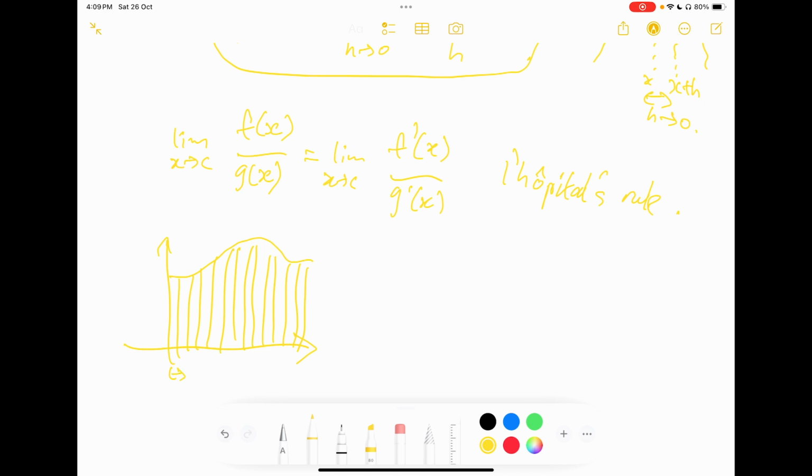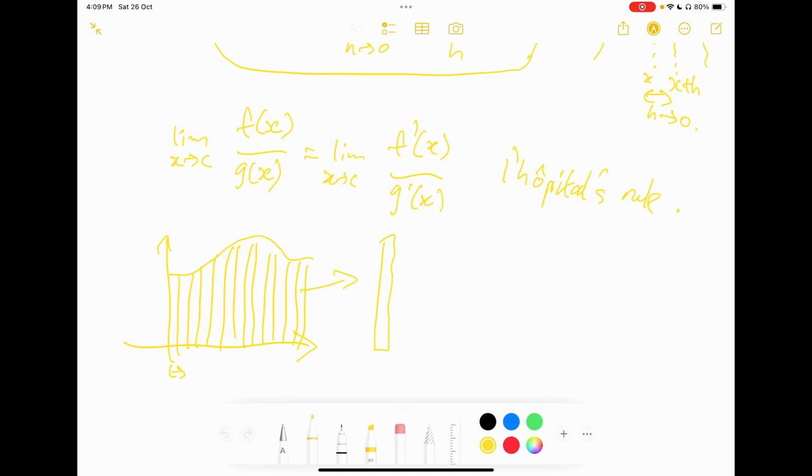So for a given rectangle, let's zoom in on one of them. For a given slice of this graph, at the value x you have output f(x), and at value x plus h, you have output f(x plus h). So the idea is to make this value of h as small as possible.